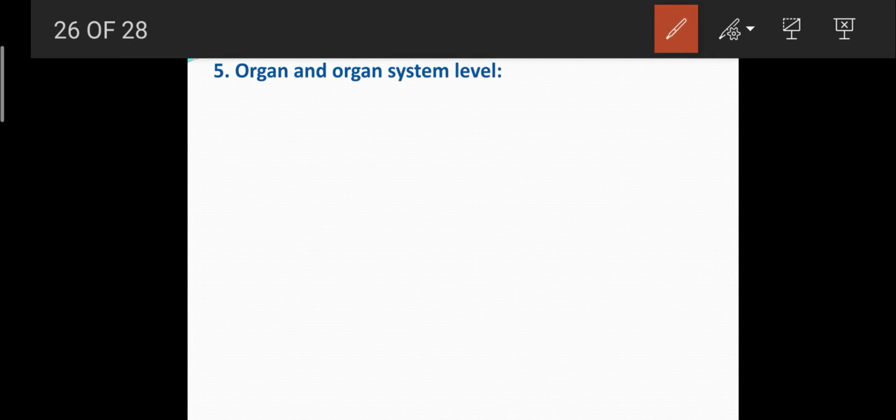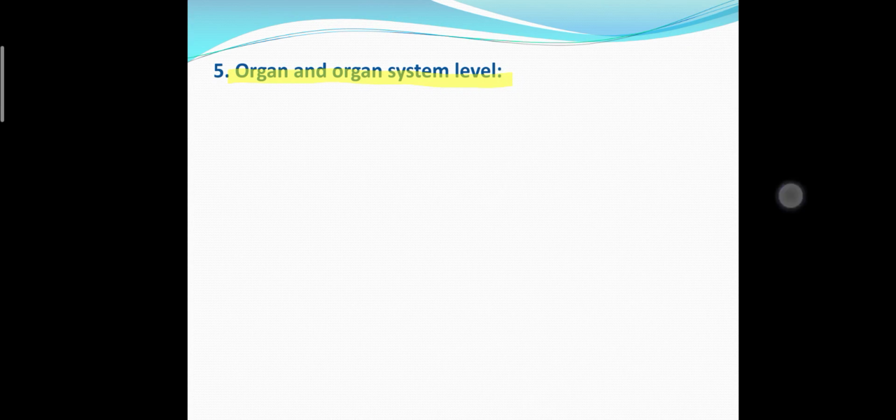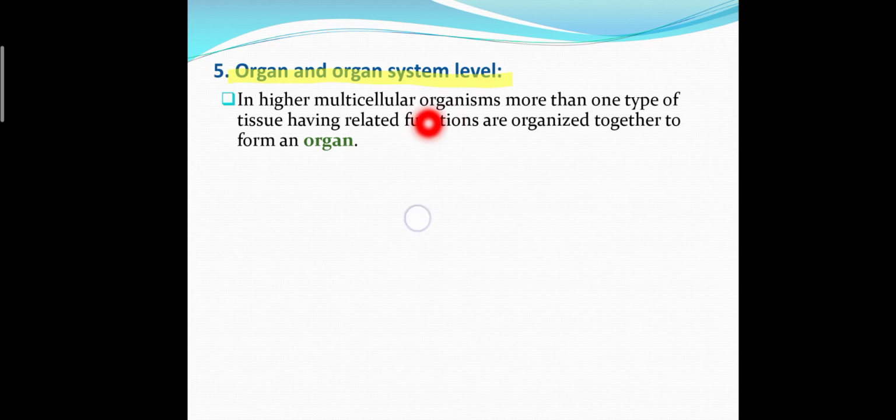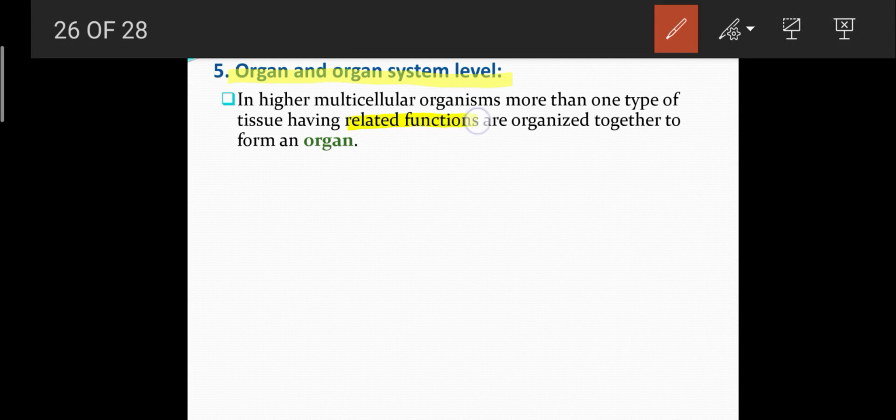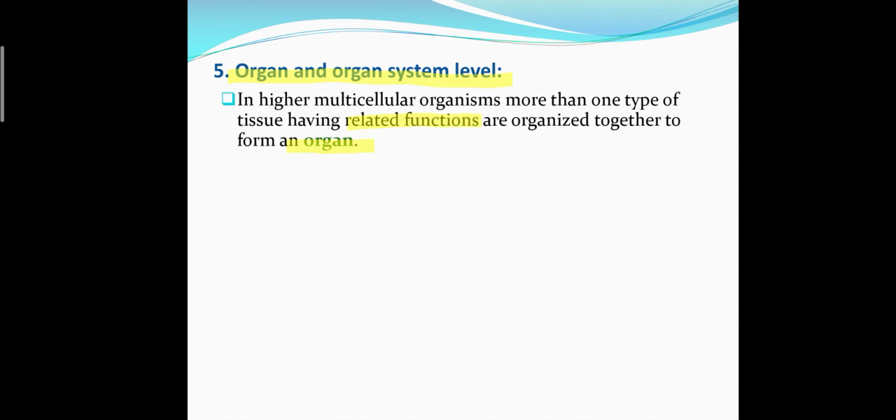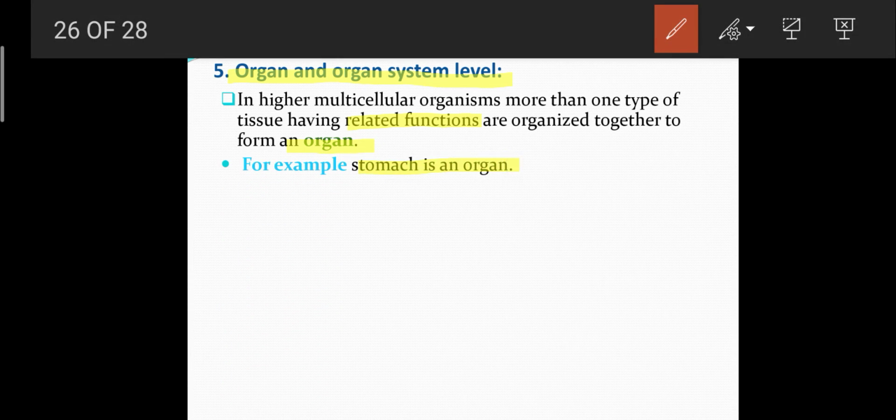What is the organ and organ system level? In higher multicellular organisms, more than one type of tissue having related functions are organized together to form an organ. For example, the stomach is an organ.